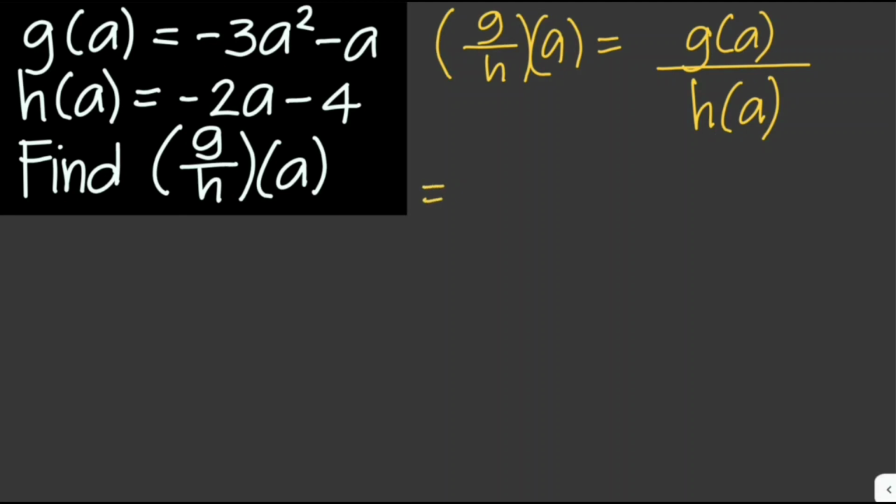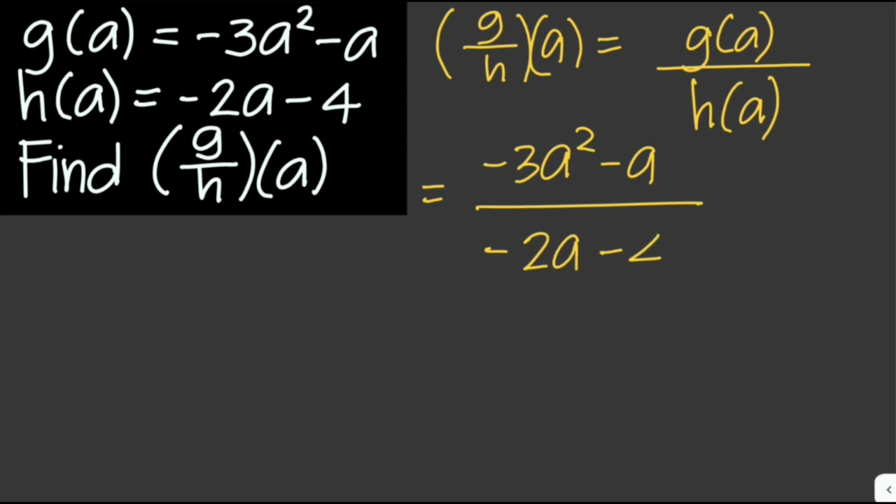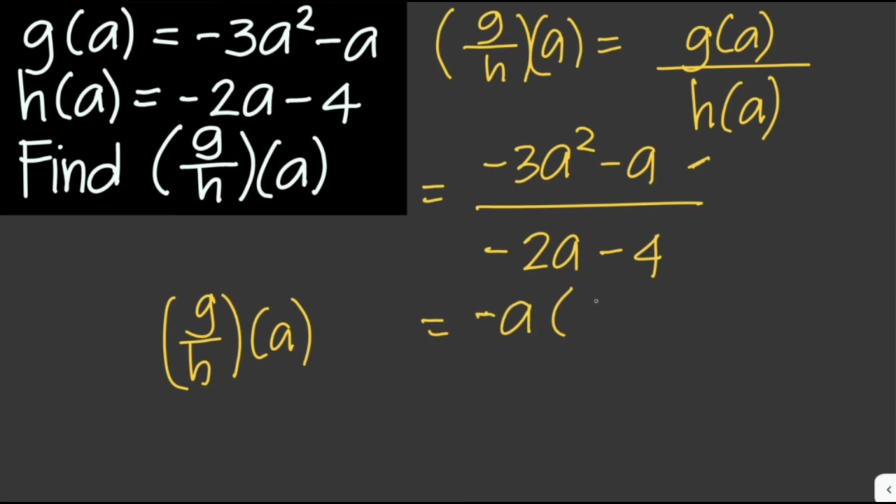Now let's plug in the functions. So g of a is just negative 3a squared minus a over h of a, which is just equal to negative 2a minus 4. And we can further simplify both the numerator and denominator. We can factor out a here, not a squared. So this is just, or negative a. So negative a times 3a plus 1.